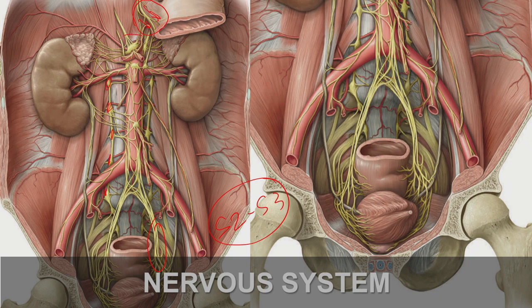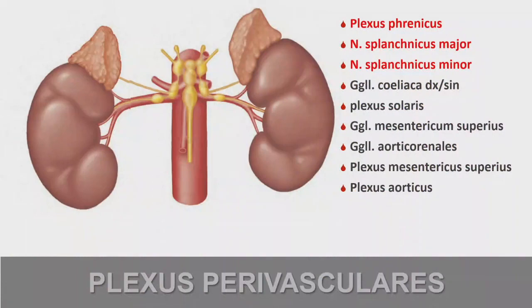And here we have some structures which are forming ganglia. Those ganglia and also plexus are connecting organs with autonomous innervation. The main suppliers are plexus phrenicus, splanchnicus major, minor, and others.